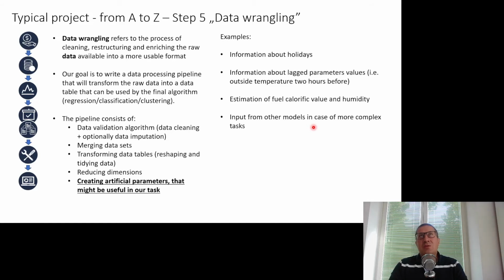We can also try to use outputs from different models as an input to our algorithm. For instance, in case of the district heating network, where we were predicting the heat demand for each particular substation, each particular heat exchanger in the building, we were using as an input the output from the artificial neural network that predicts the heat load for the whole network.